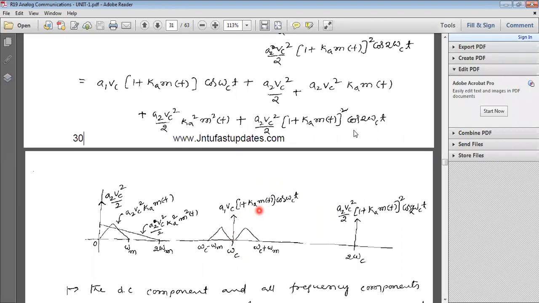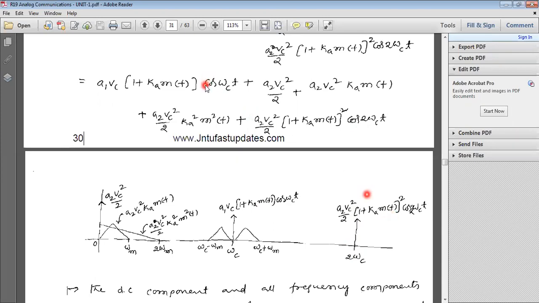Observe the last term. What is the carrier frequency here? Here we have 2 omega c. So we consider 2 omega c, which has the magnitude A2 Vc square by 2 into (1 plus Ka m of t) whole square into cos 2 omega ct.